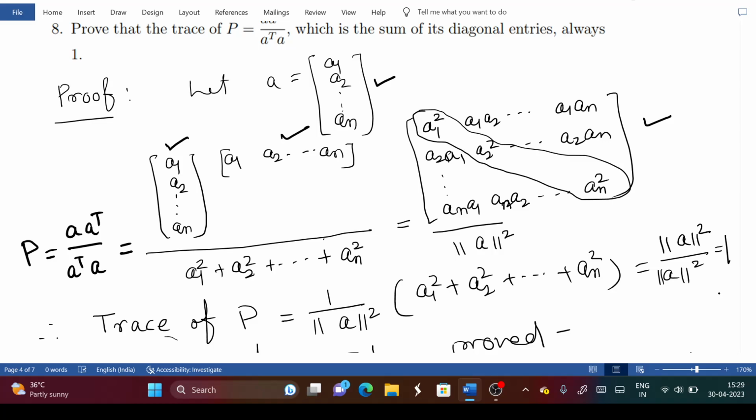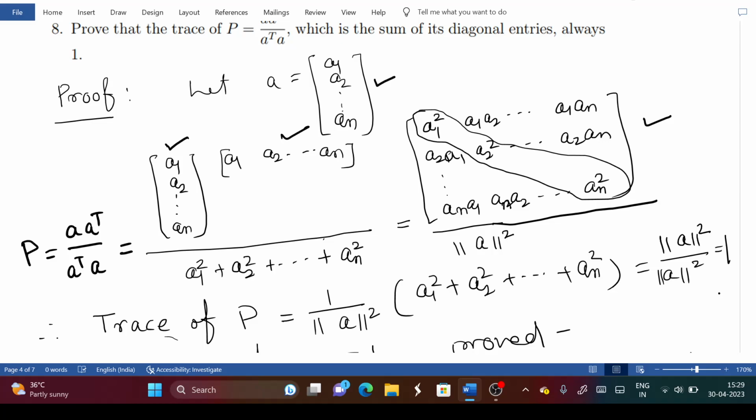Now we know that if any scalar is multiplied to a matrix, then it is multiplied to each element of the matrix. So here this 1 by A square is taken out, but it is assumed that each element has this number in its denominator. So I have taken it outside. Now what about the diagonal element sum?